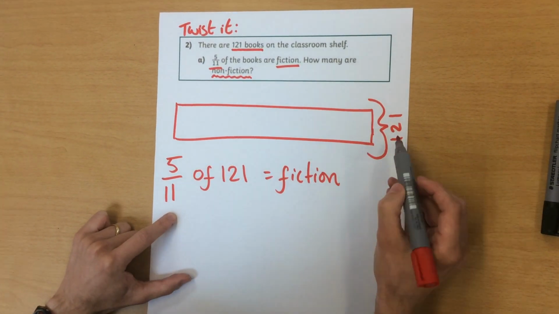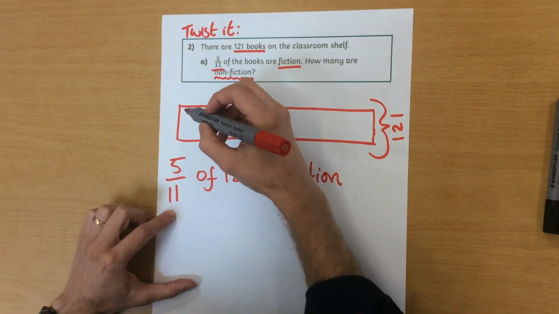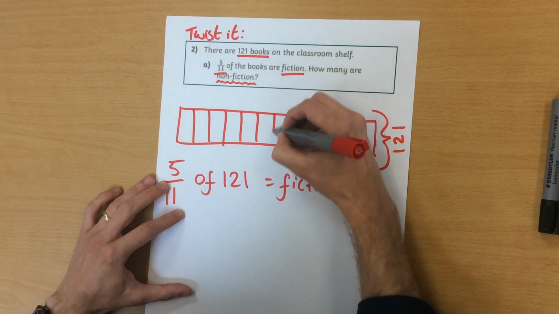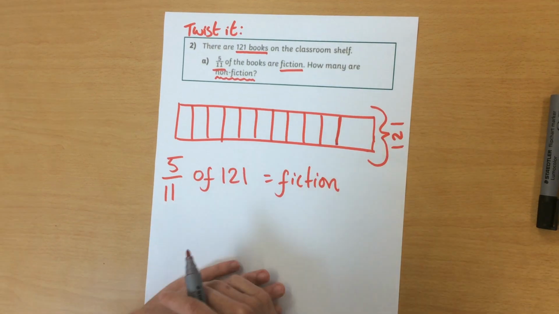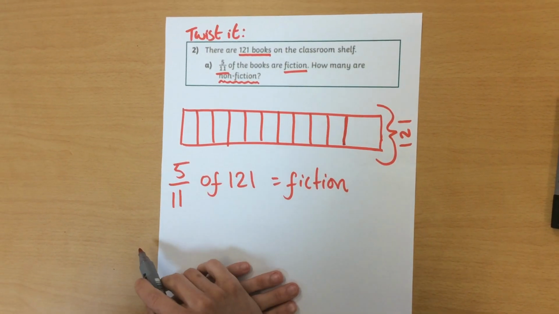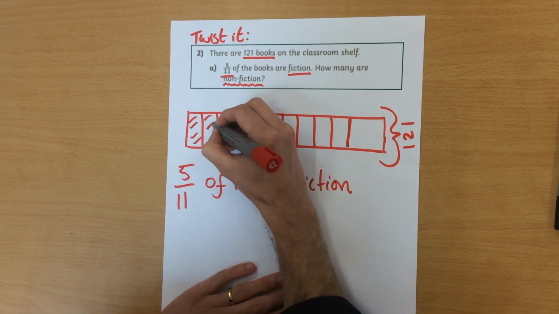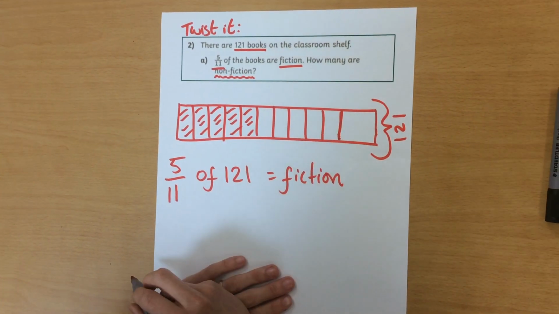How many parts make the whole? It is 11. So my bar needs to be split into 11 equal parts. Equal-ish parts on my count. 5/11ths of these are fiction. Right, so 1, 2, 3, 4, 5.